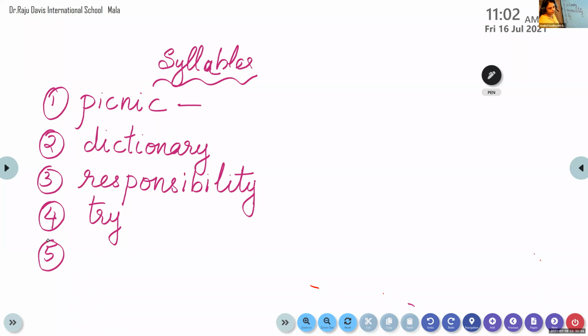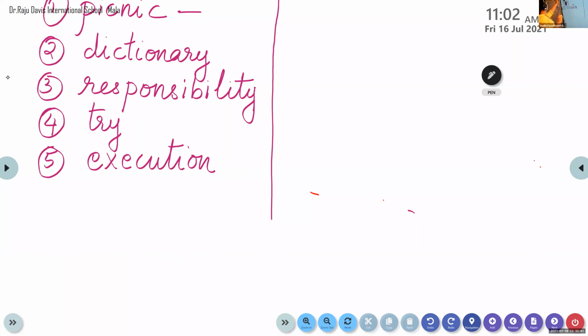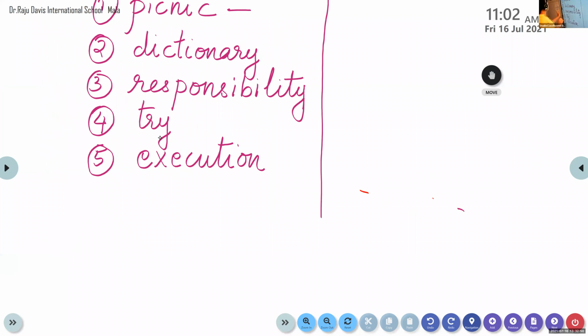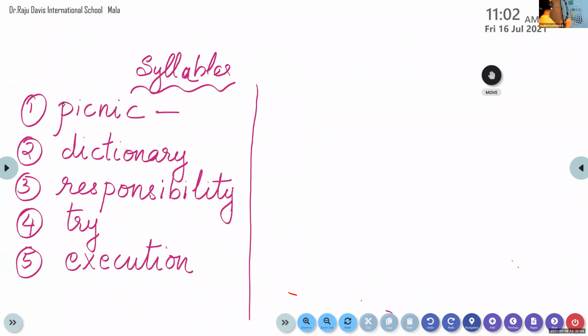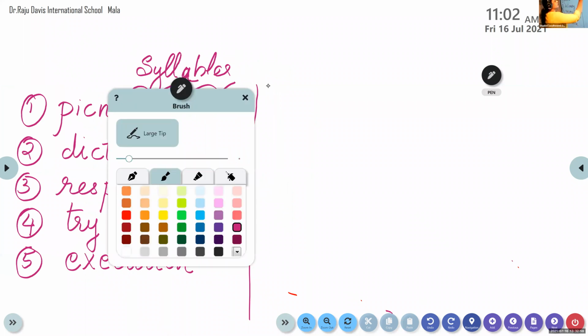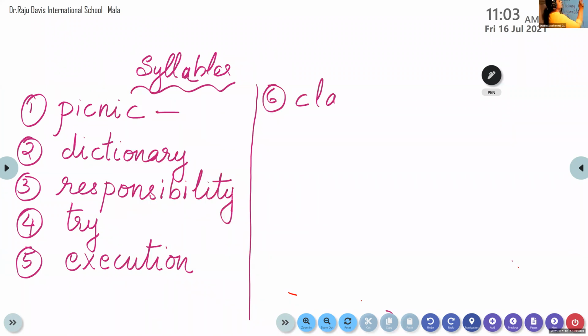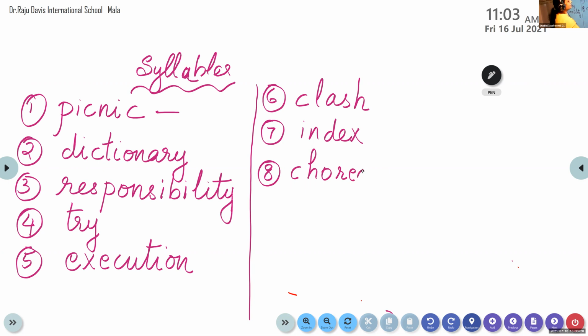Fifth word, execution. Flash. Index. Choreographer.